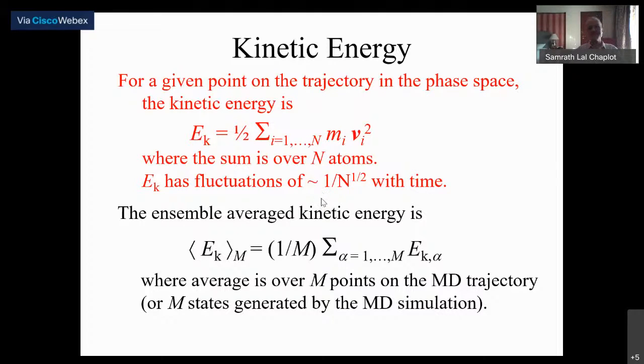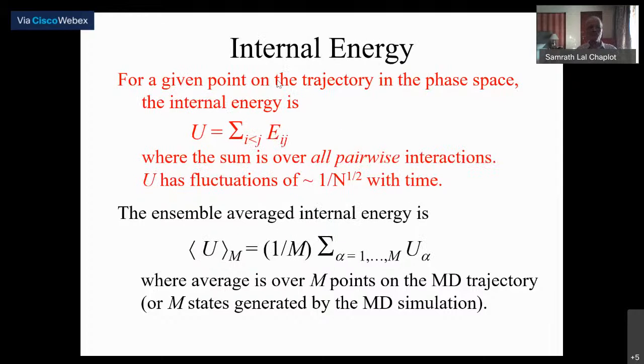This is a simple statistical mechanics result that a quantity summed over n atoms would have an average value with fluctuations of this kind, 1 over root of n. So the actual kinetic energy is varying with time, and so is the total potential energy, or the internal energy.